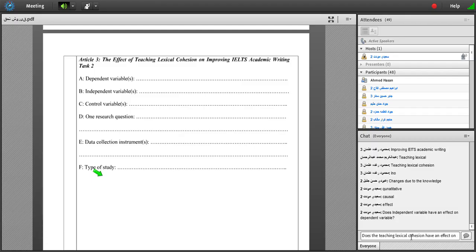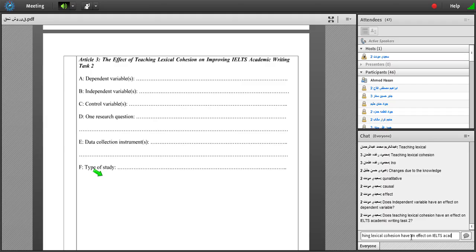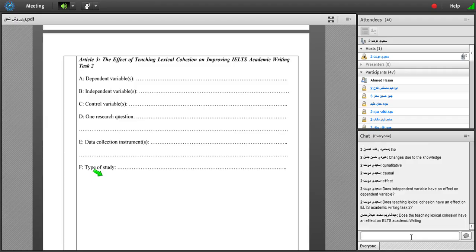So this is the research question we write for that. The research question is the causal type, which explores the effect of one thing on something else. Does teaching lexical cohesion have an effect on IELTS academic writing? Thank you.